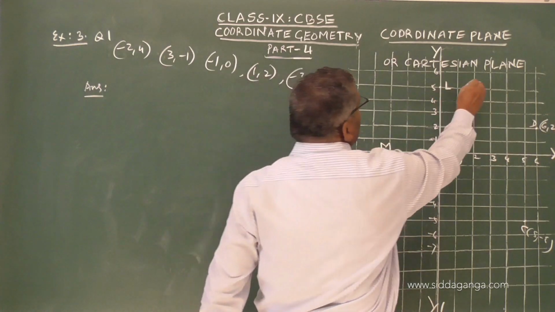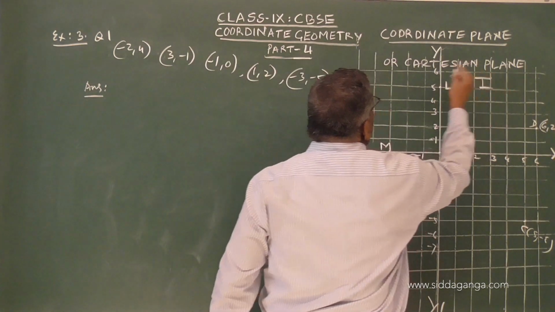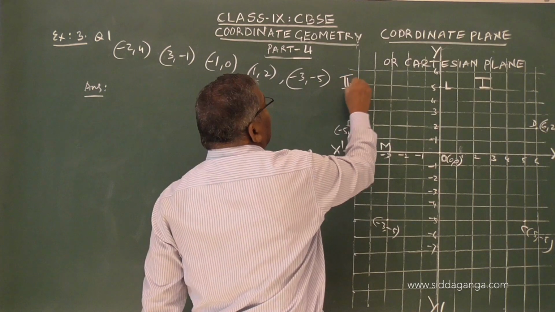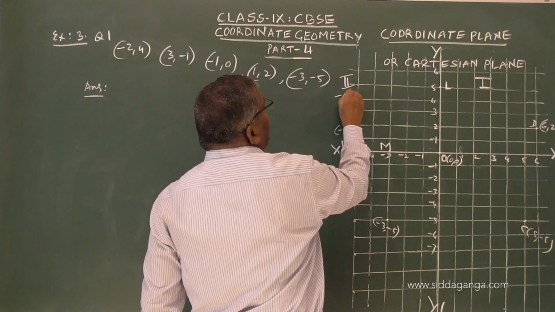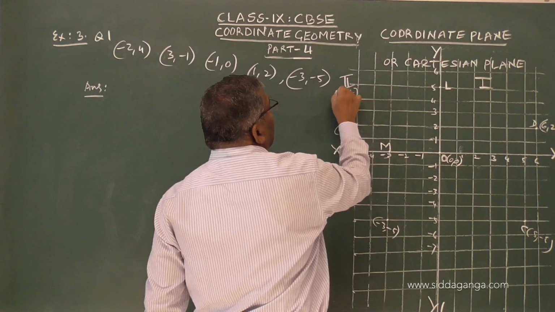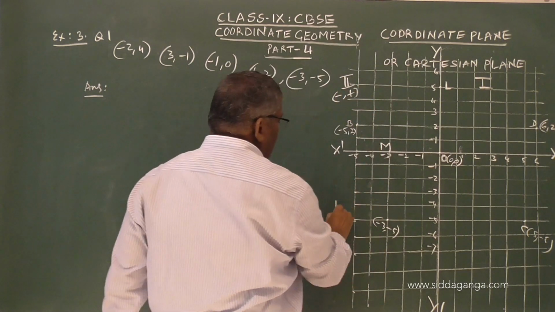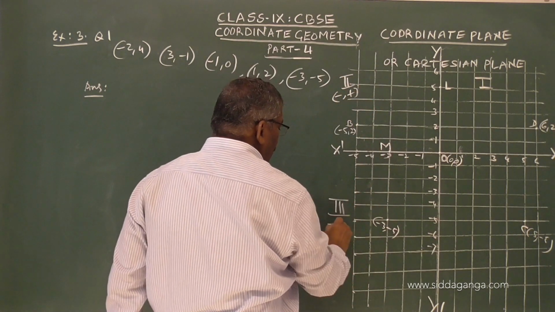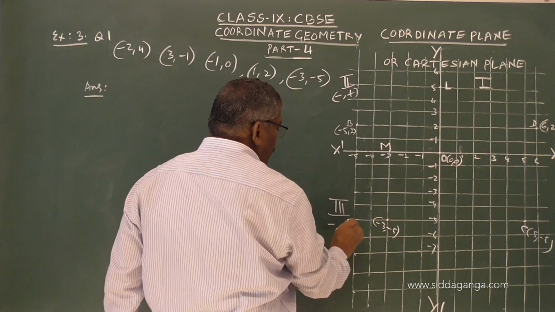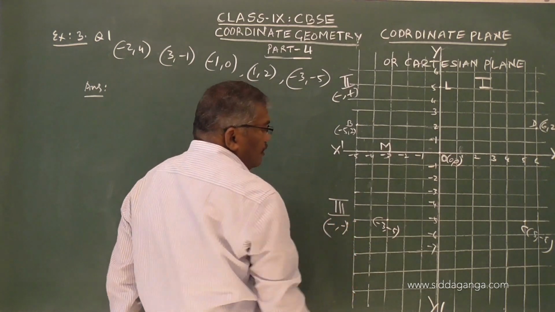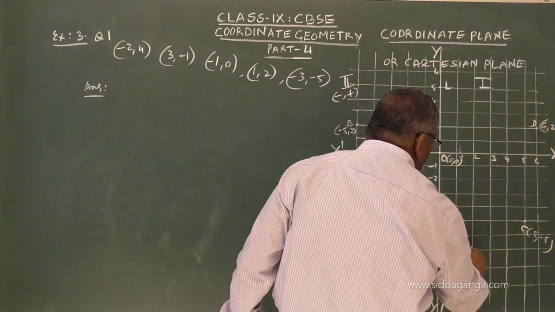So this is the first quadrant, this is the second quadrant. This is negative, plus, you know this is the third quadrant. Here both are negative, and this is the fourth quadrant.